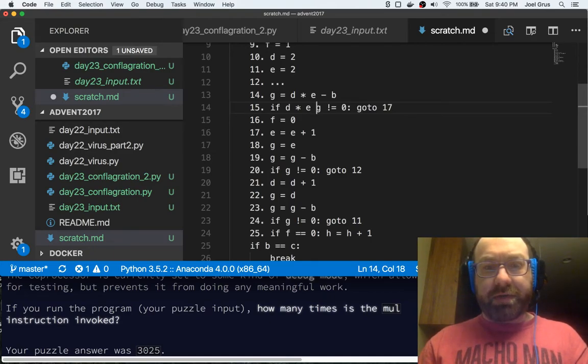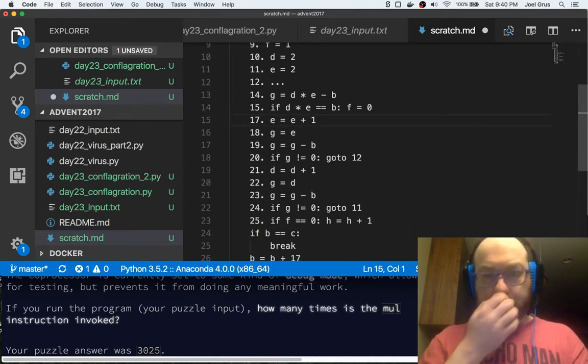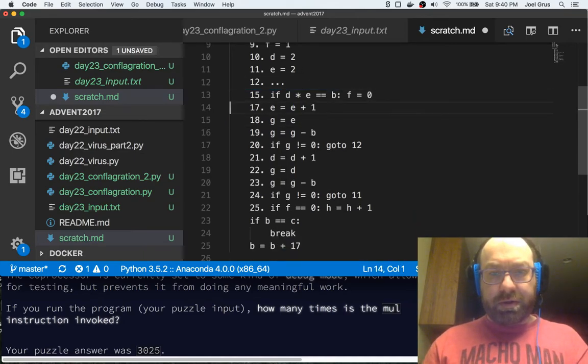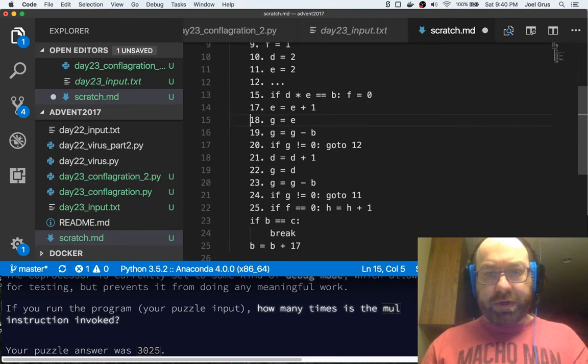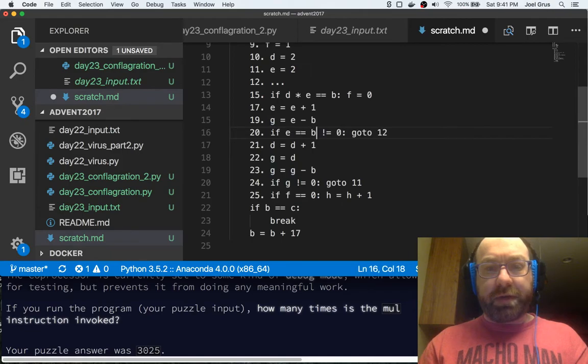So that means that if D times E is B, set F equals 0. And then I actually don't need this. Then G equals E minus B, so I can wipe that out. And if G is not equal to 0 is saying if E is not equal to B, go to 12, which means if E equals B, break.